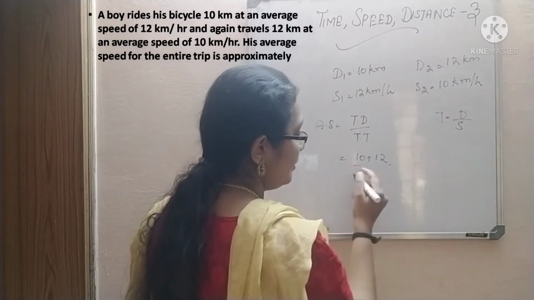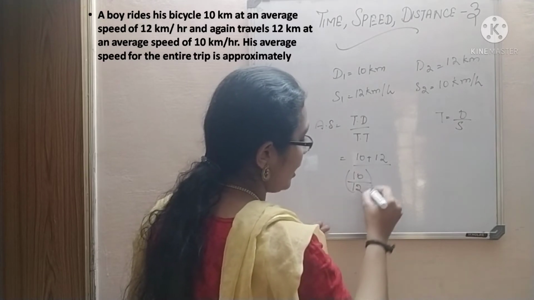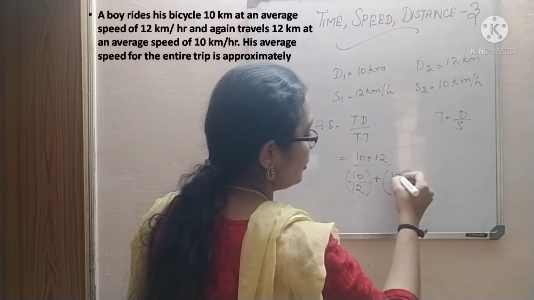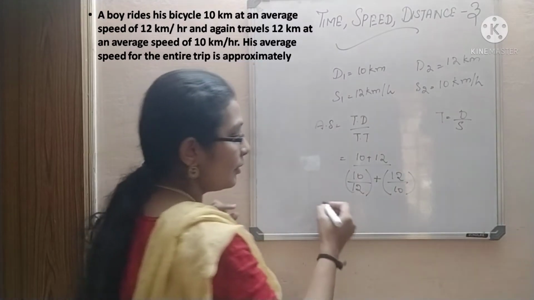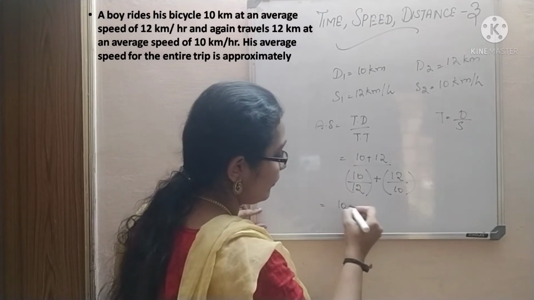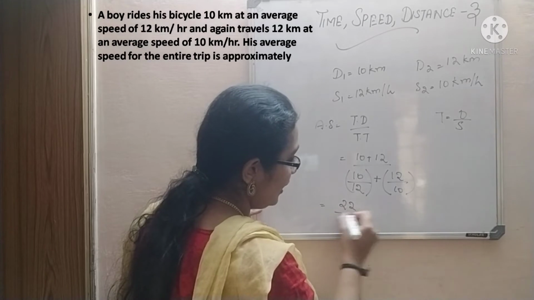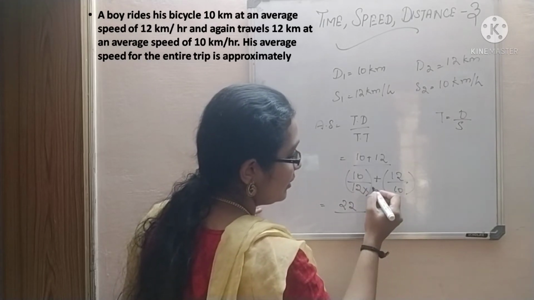So distance here is 10 at a speed of 12 km per hour plus he is covering the distance 12 at a speed of 10 km per hour. Clear? So once you find the LCM, 10 plus 12 is 22, right? Divided by, here LCM is 60, right?